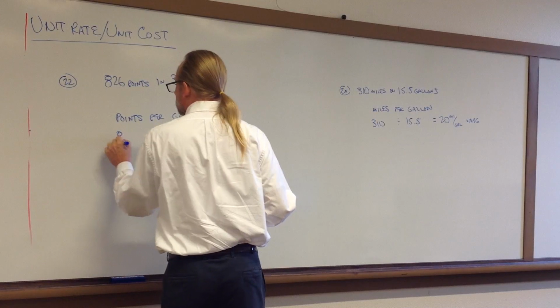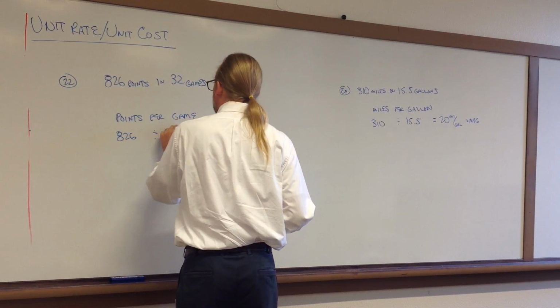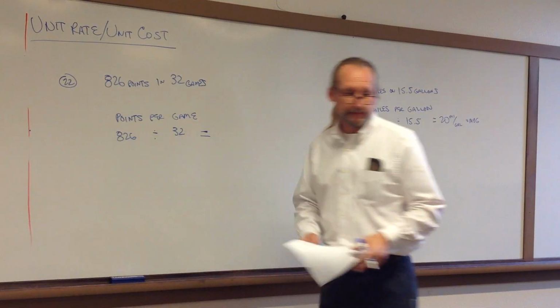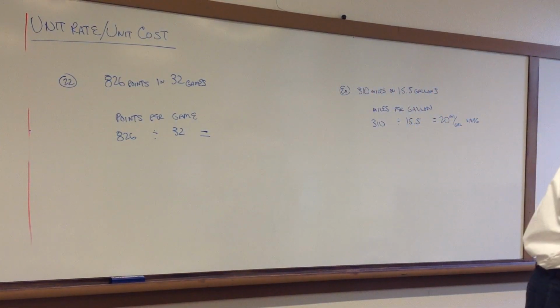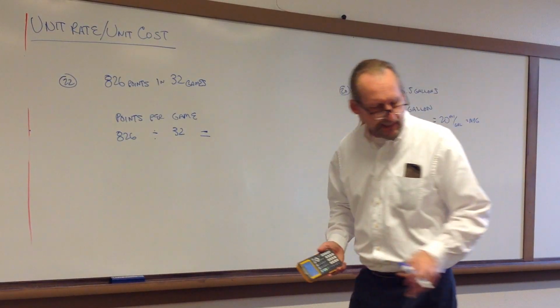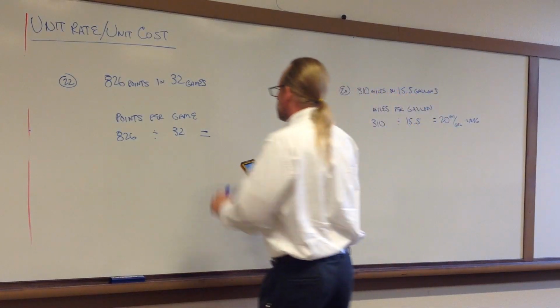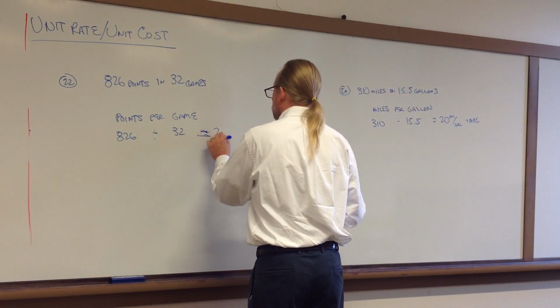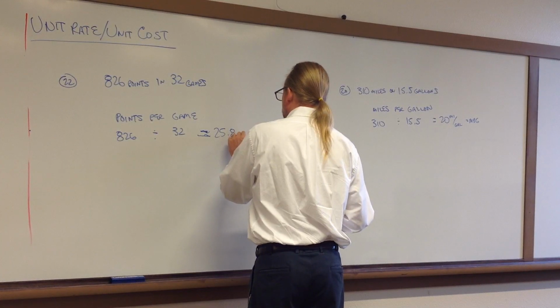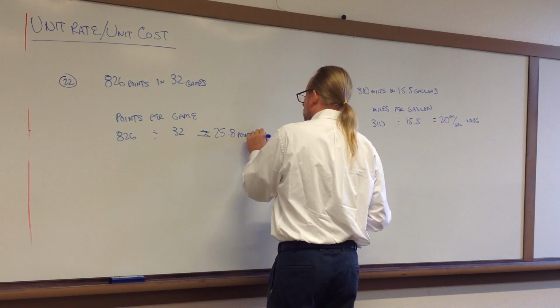So that means we want to take that 826 and divide it by 32. So 826 divided by 32, 25, oh, and this asks us to round to the nearest tenth. So this would be approximately 25.8 points per game.